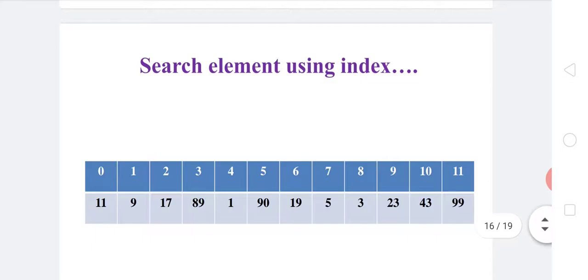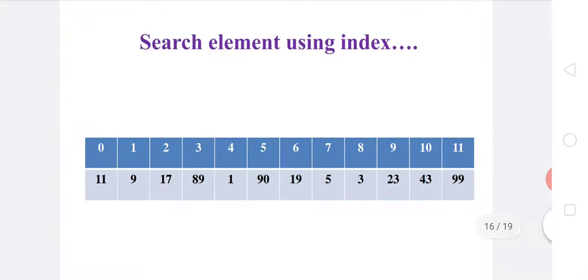The next operation is searching for an element using the index. Suppose you want to search for element 90 at index 5. This element 90 is compared with location number 0, which contains element 11. This means the search element 90 is compared with 11. Is 90 equal to 11?